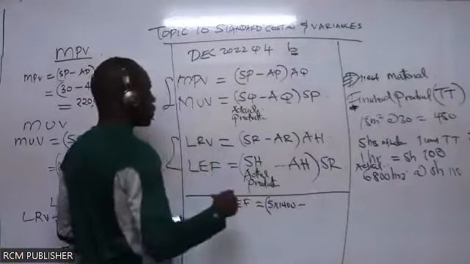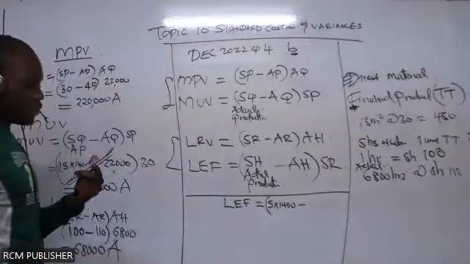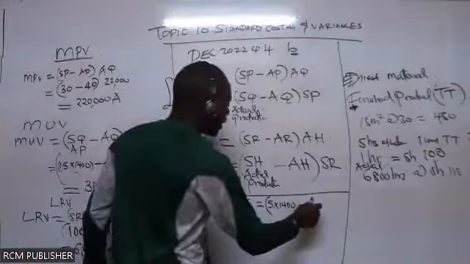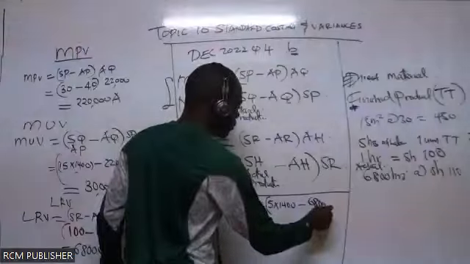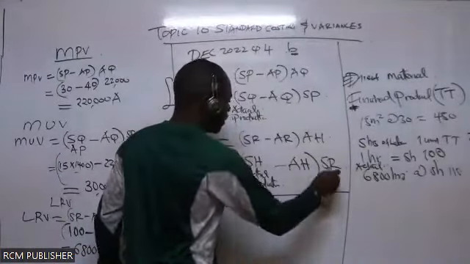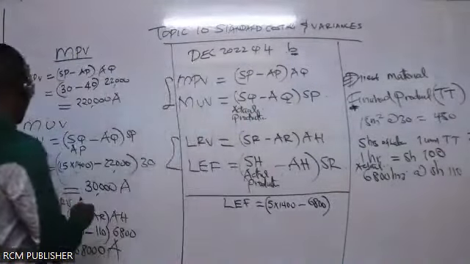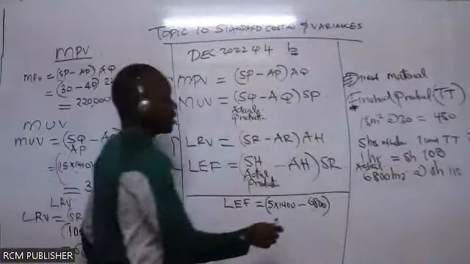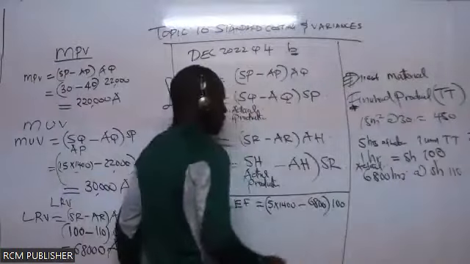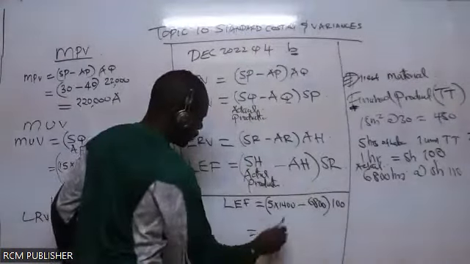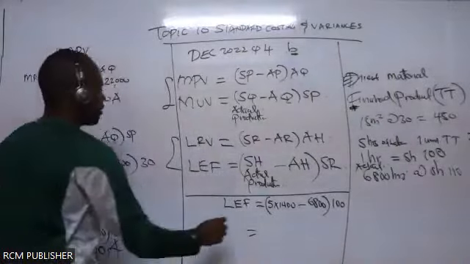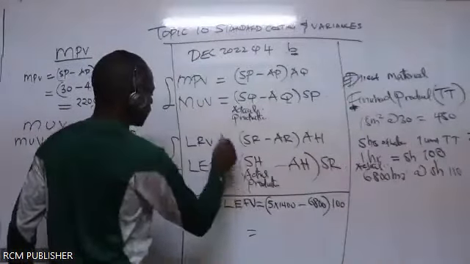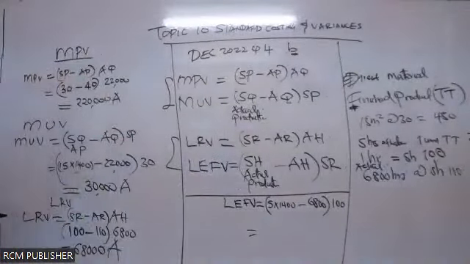Less actual hours, which we have there as 6,800. Then I multiply by the standard rate, which is 100 shillings. If that is done, I should be able to get my labor efficiency variance.